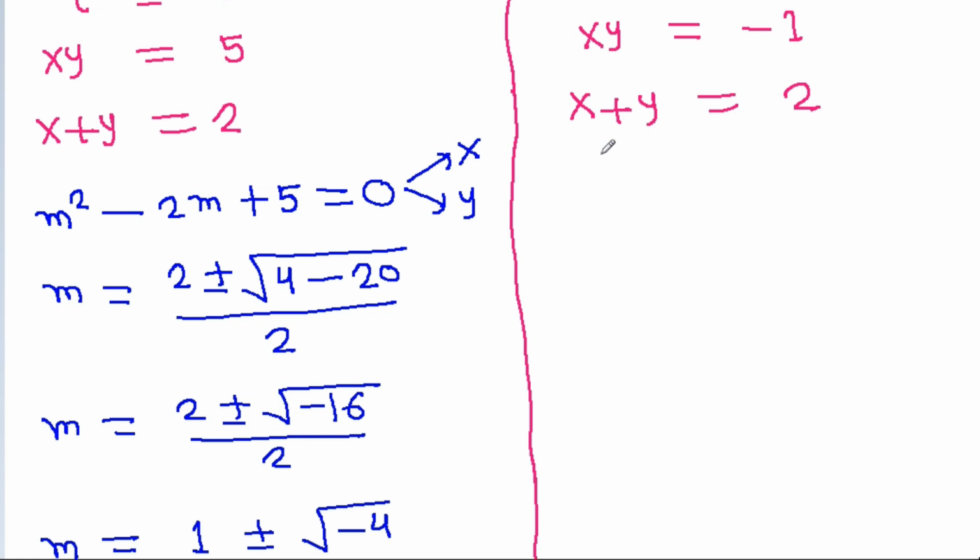Here the quadratic equation having roots x and y will be m square minus sum of roots, that is 2m, and product of roots is minus 1, is equal to 0.